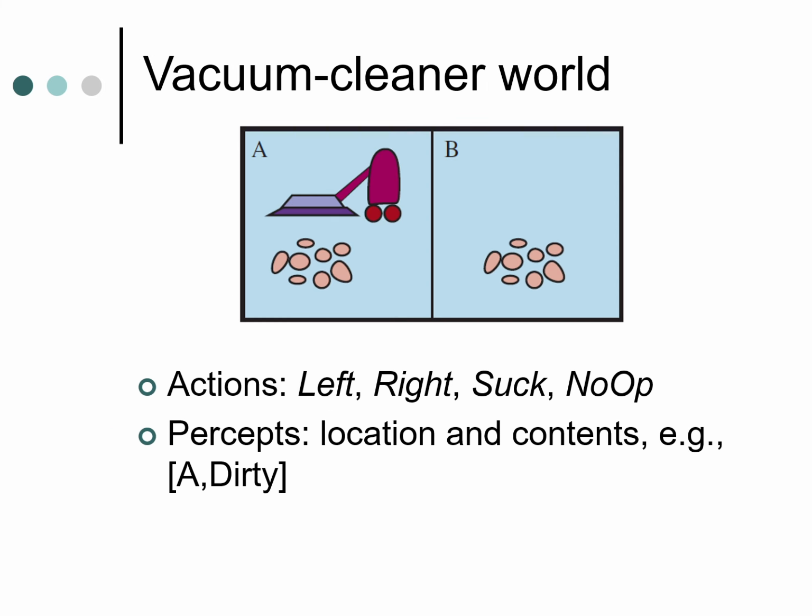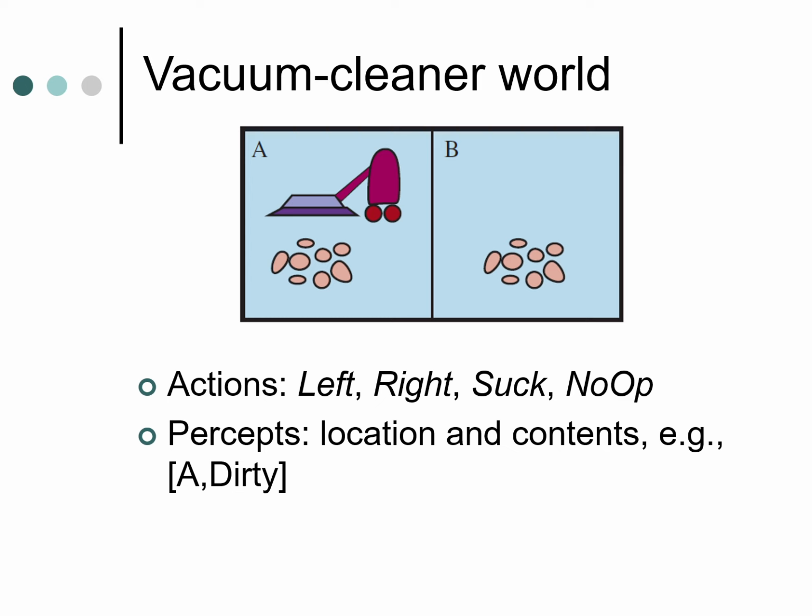This is the vacuum cleaner world, which acts as a real-time example for this agent and environment. In this, we have two components: actions and percepts. In actions, we have four operations: left, right, suck and no operation. Percepts help us to identify the location and the content.